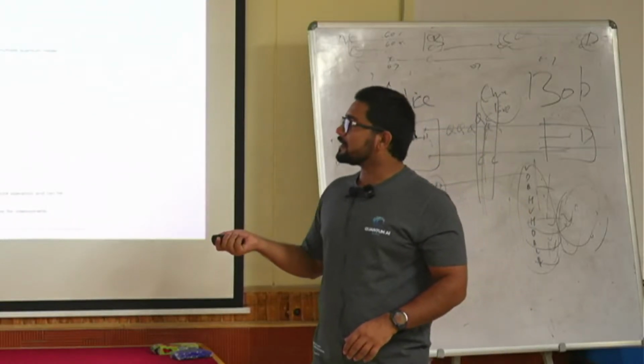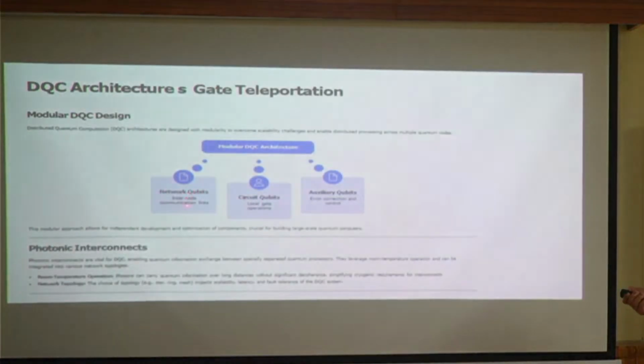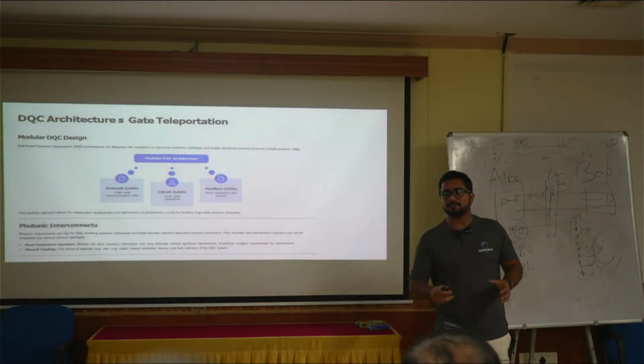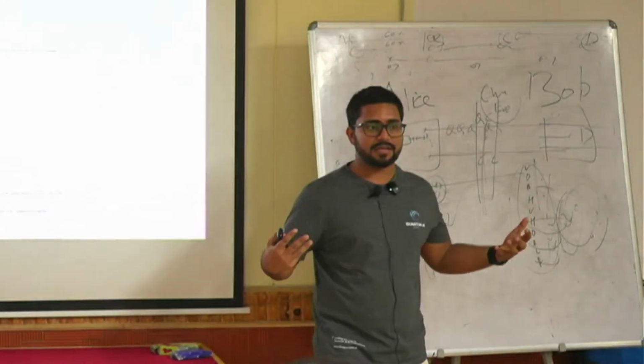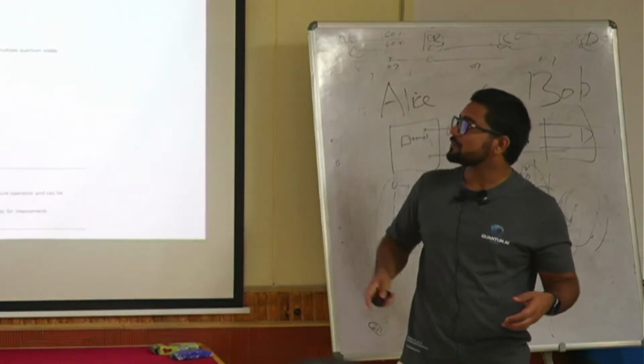So modular gate teleportation, how can you do it? First you have to establish the network, the circuit qubits and auxiliary qubits, and by using all of them you can conduct a distributed quantum telegate using entanglement swapping.